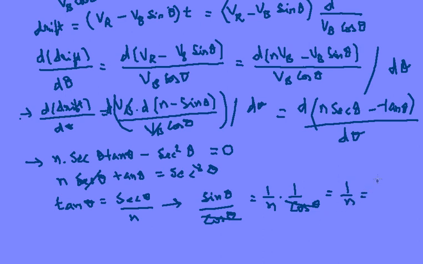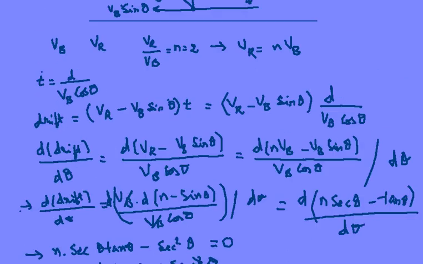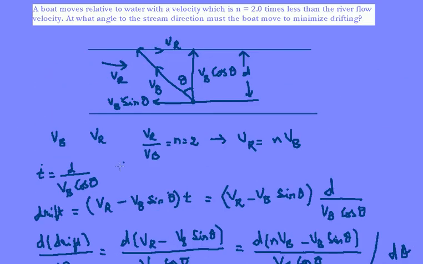The value of n is 2 as per the problem. So theta equals sine inverse 1 by 2, which is equal to 30 degrees. But in the assumption we took, theta is from the vertical.